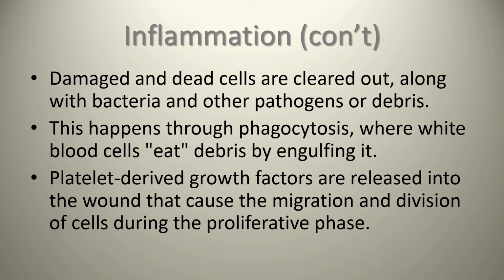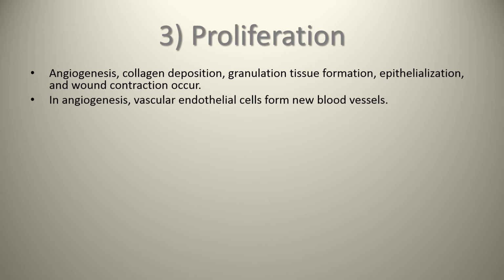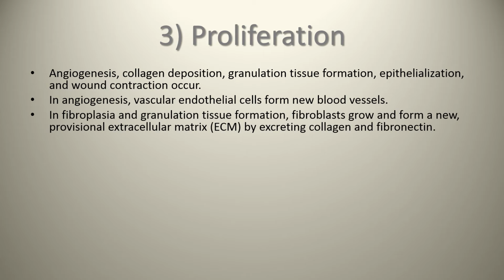Going to the proliferative phase, or proliferation. Angiogenesis, collagen deposition, granulation tissue formation, and epithelialization and wound contracture occur in this phase. In angiogenesis, vascular endothelial cells form new blood vessels. In fibroplasia and granulation tissue formation, fibroblasts grow and form a new provisional extracellular matrix by excreting collagen and fibronectin.